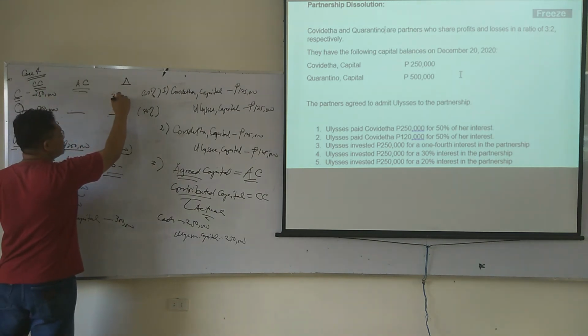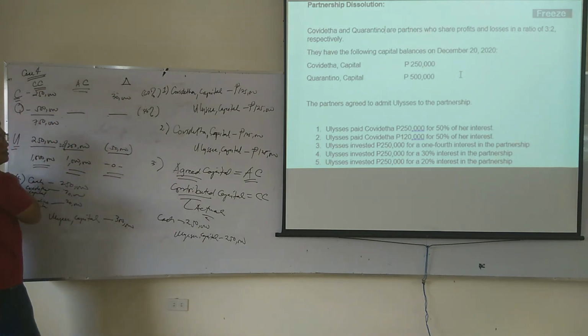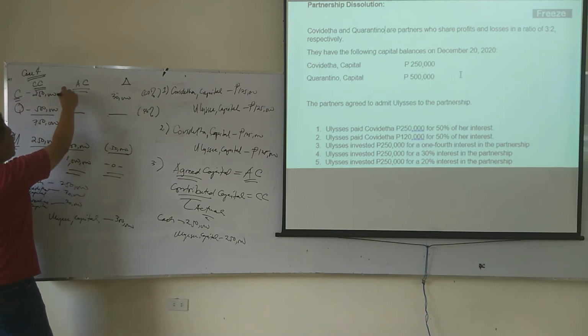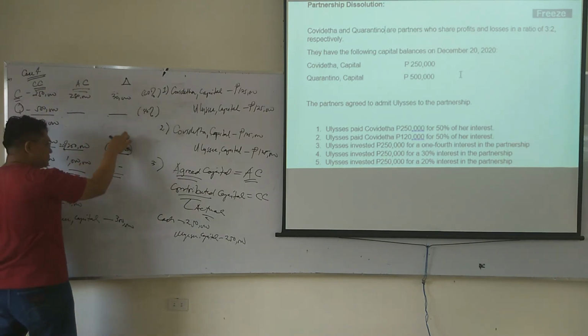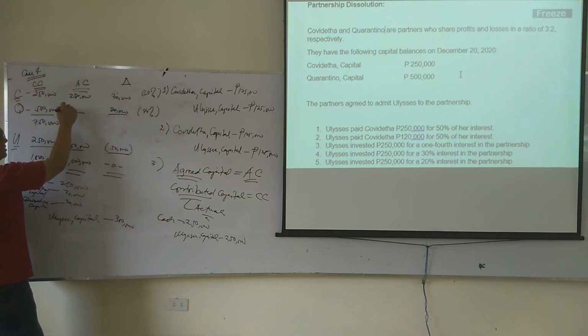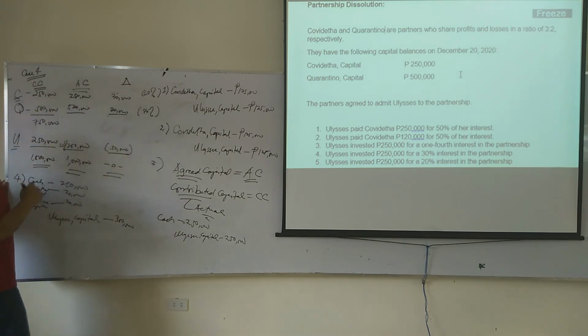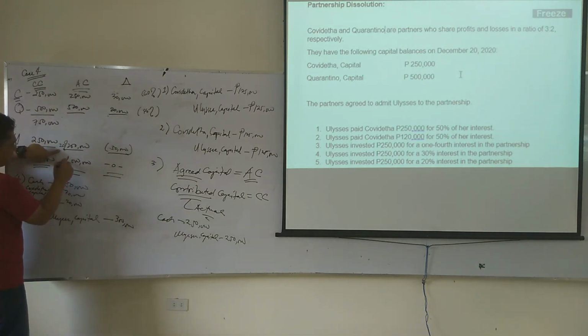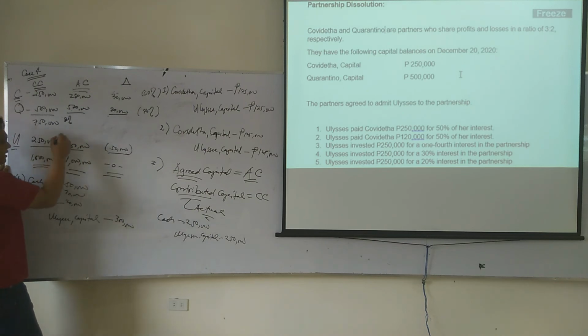So 30,000 will be given to Covidita, so 250 will become 280. 40% of 50,000 is 20, so Quarantino will receive 520 agreed capital. 1 million times 80%, because Ulysses will only be receiving 20%, so 80% of 1 million is 800,000.